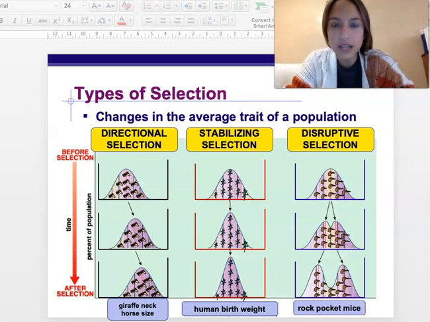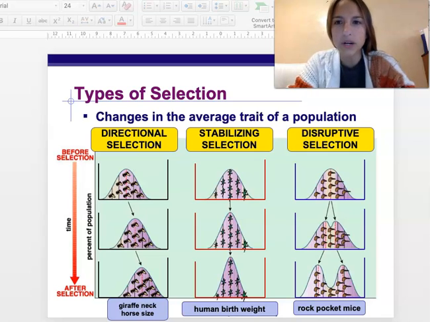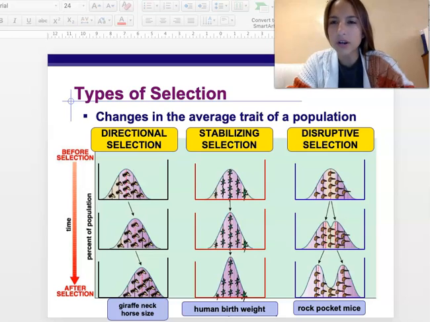What are the types of selection that influence an organism? And again, not necessarily an organism, but a population. Okay, so we're going to talk about that in a second. With all of these types of selection, an organism either lives or dies, but what it really influences is the population, the entire genetic pool of that population.